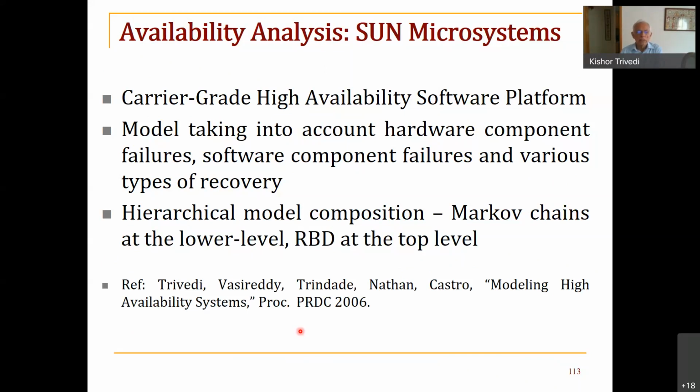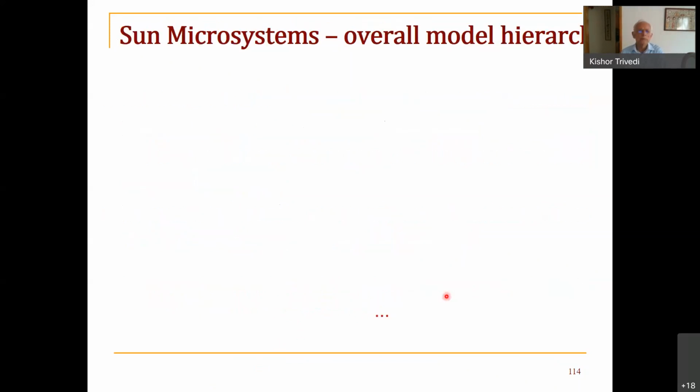The reference is a paper in the Pacific Rim Dependability Conference, PRDC 2006, published with myself, one of the graduate students, and several people from Sun Microsystems. And of course, this problem is also documented in the green book.